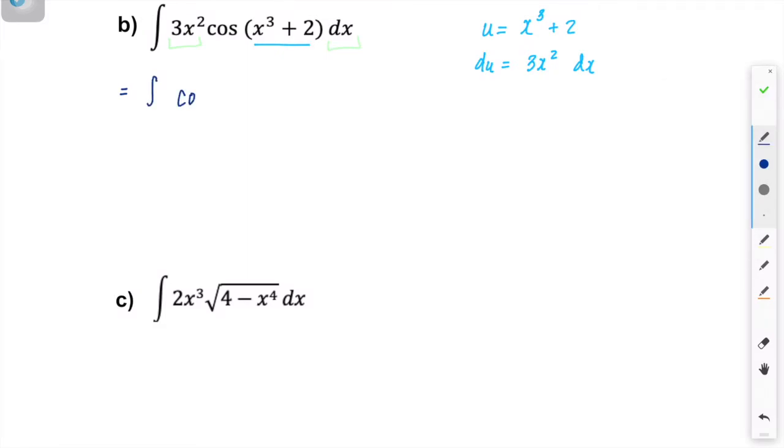And I have the integral of cosine u du, which gives me sine of u plus c, or this is sine of x cubed plus 2, and then plus c.